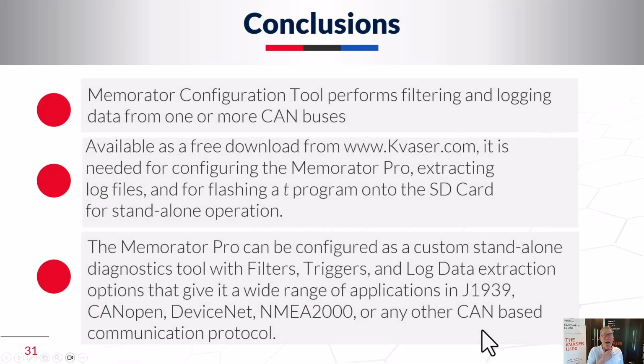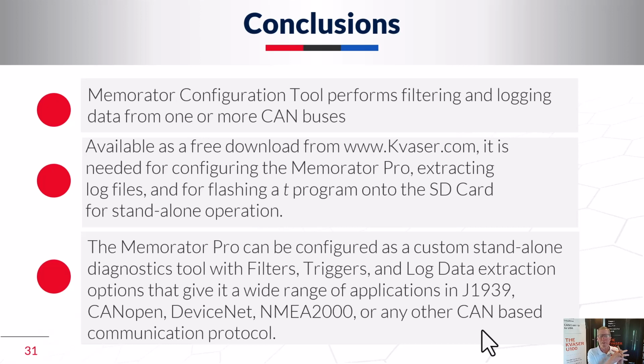And then we have the conclusions. Memorator configuration tools perform filtering and logging, logging data from one or more CAN buses, up to 5, with one device. And it's all free. All Kvaser software is free. Download it from the website.